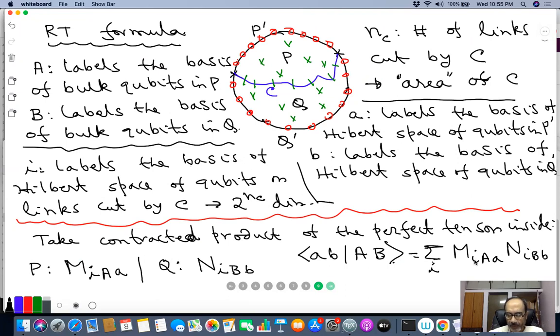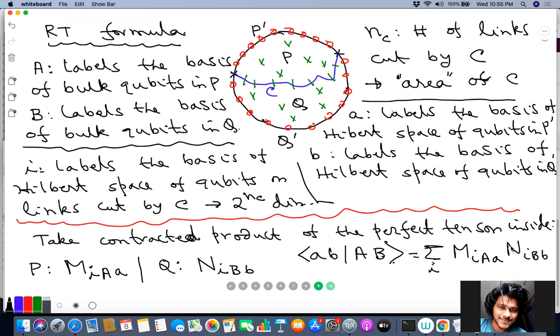The original code included that you take the product of all the tensors and contract all the interior indices. Now inside M and N, you have already contracted all the indices inside P and inside Q. So when you take the product of M and N, the only index that you are still to contract are these indices I, and that's what I have written there.